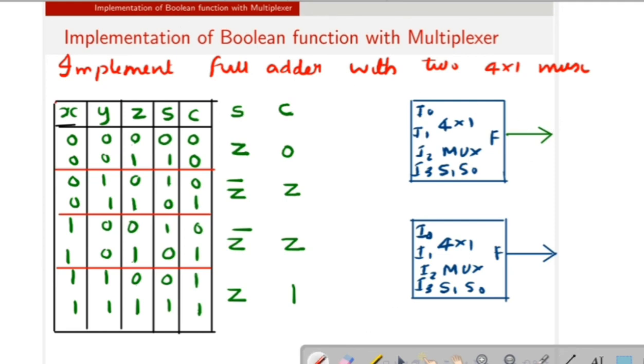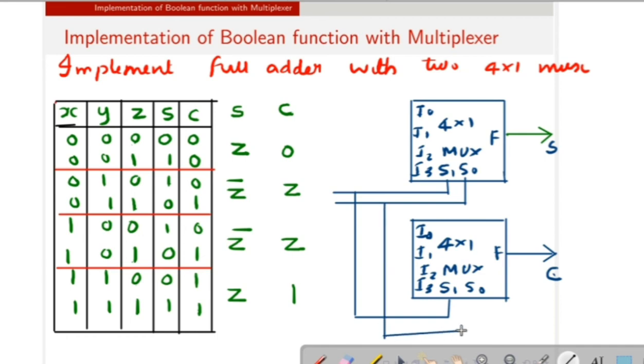So here it is S and here it is C, and we give selection lines as X and Y. So here X is given to S1 and also to this S1, then Y is given to S0 and also here S0. Right? So we can mark the inputs, selection lines X, Y, and darken the joins.